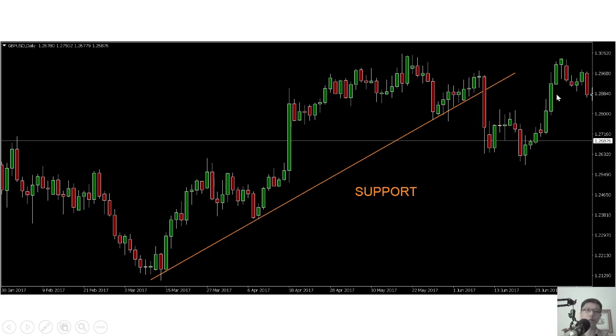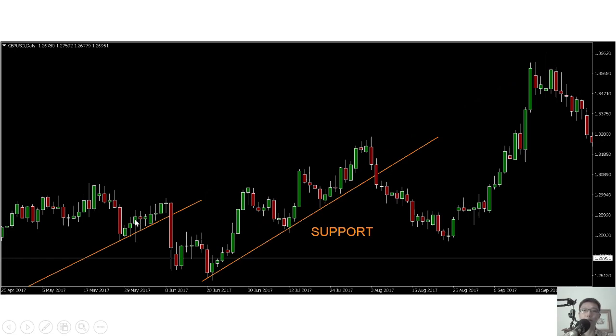Okay, next. This is a diagonal support resistance. After buyers come in and sellers cannot push the price lower, it acts like a magnet. So we can put a trend line right here.